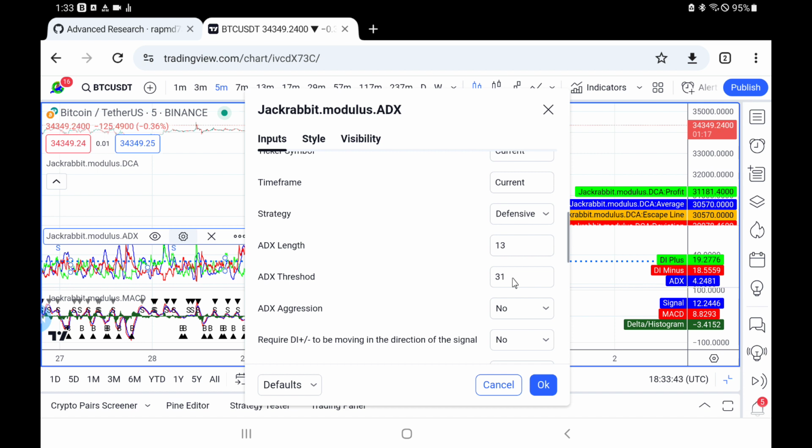I want a little bit more than the standard 25. Now you can play with this number and get different settings and different results, but I wanted to try to find that sweet spot between too aggressive and not enough purchases. And for me, this seemed to hit the spot very nicely. And that's the only change that I've done.